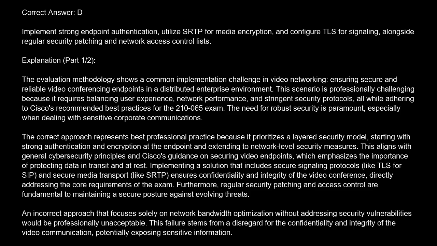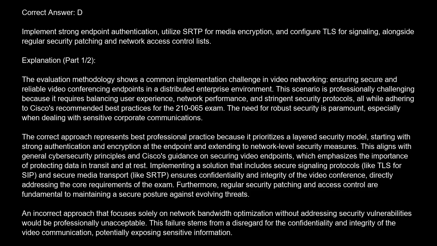This scenario is professionally challenging because it requires balancing user experience, network performance, and stringent security protocols, all while adhering to Cisco's recommended best practices for the 210-065 exam. The need for robust security is paramount, especially when dealing with sensitive corporate communications.